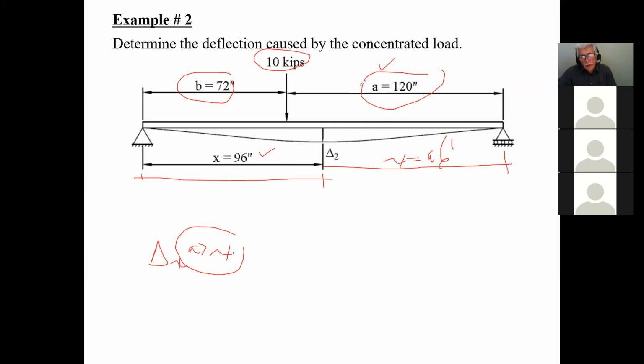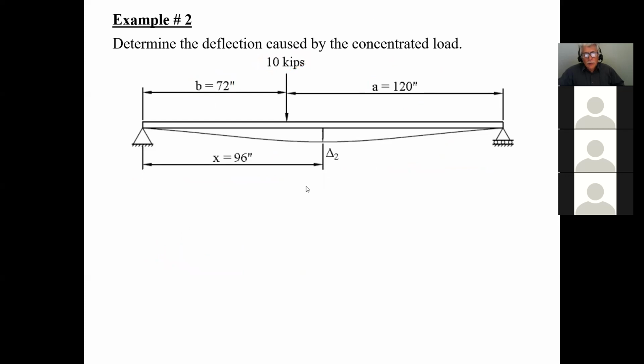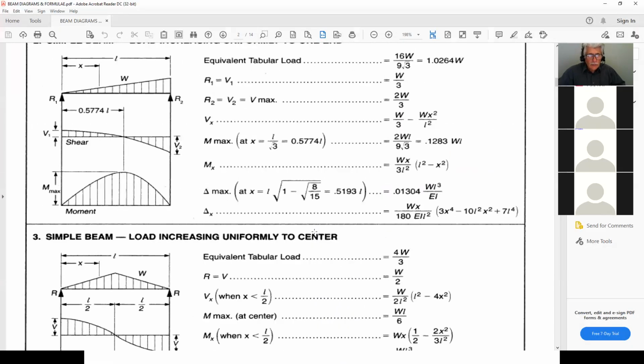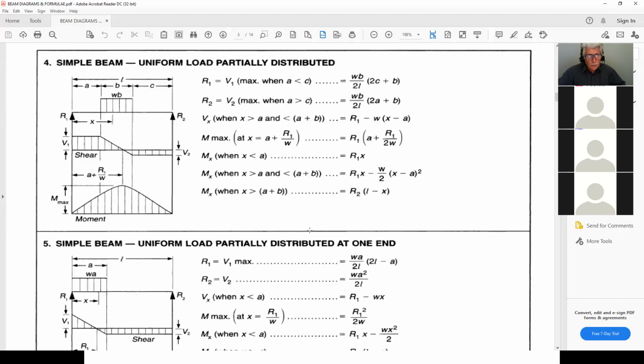Okay, so what's nice about this is that if I take the mirror image of what I'm looking at, and as long as I also mirror image whatever corresponds to that, I can still use the formulas. When I go to the formulas here, I still have this situation.